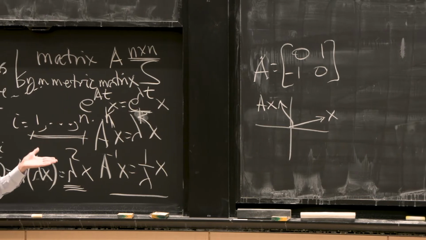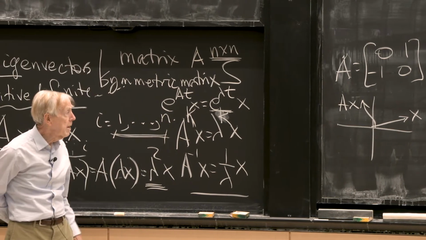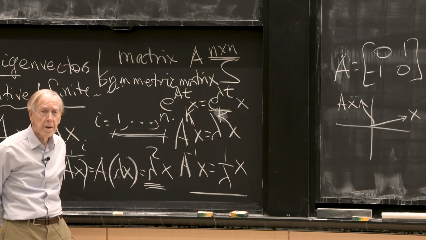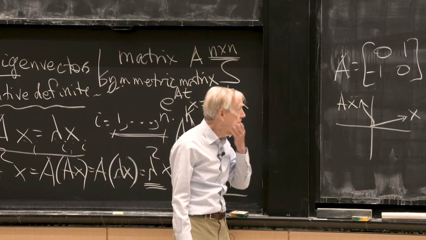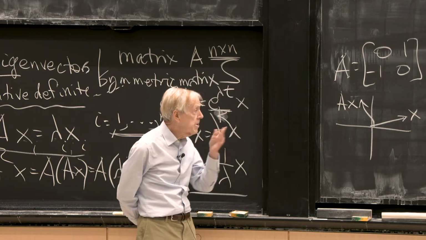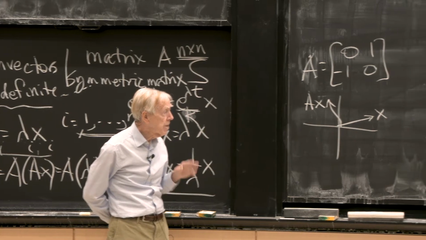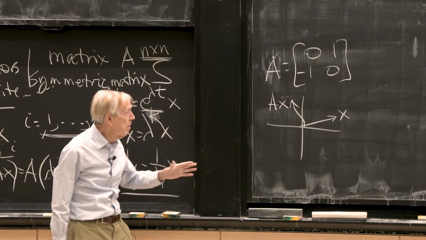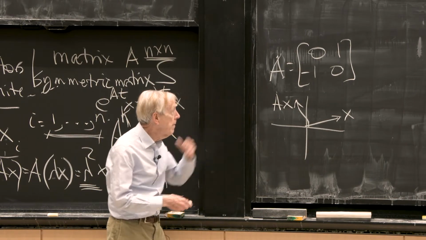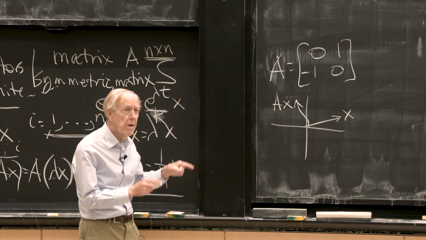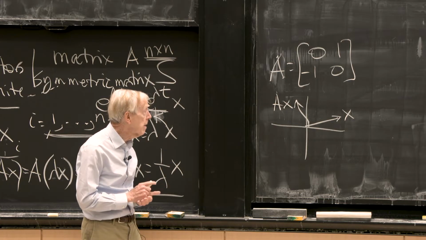So there's no real eigenvector for that antisymmetric matrix or any antisymmetric matrix. So you see that when we say that the eigenvalues of a symmetric matrix are real, we're saying that this couldn't happen if A were symmetric, and here it's the very opposite, it's antisymmetric.